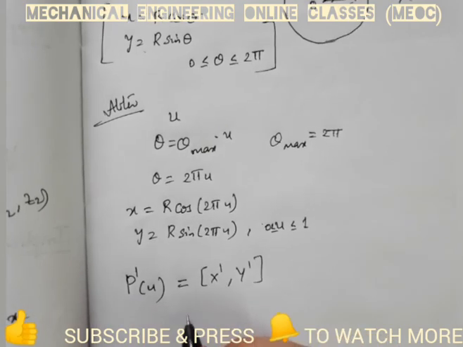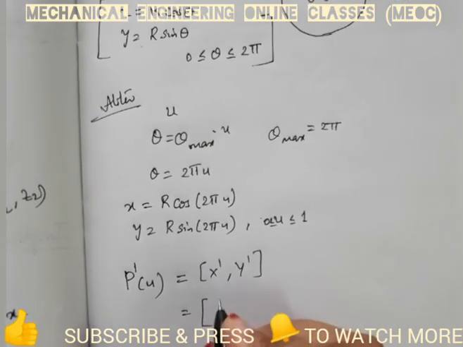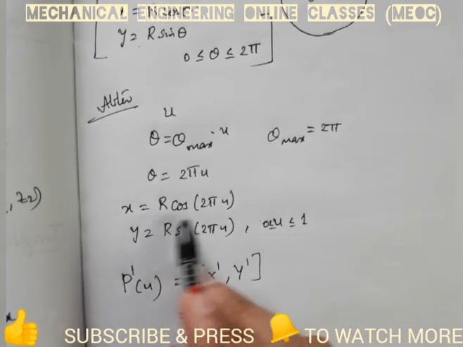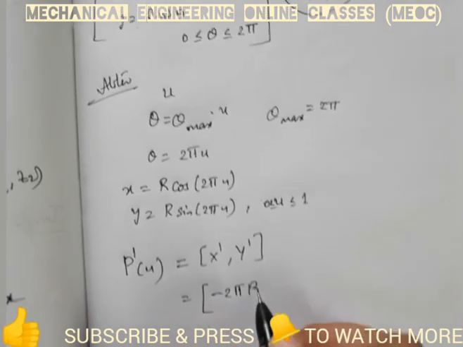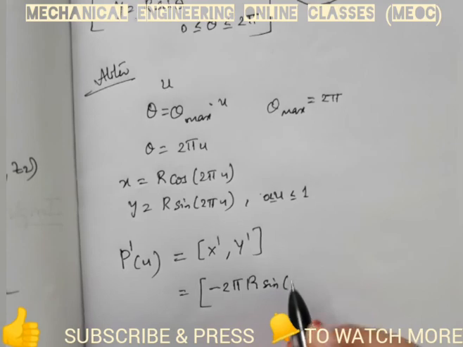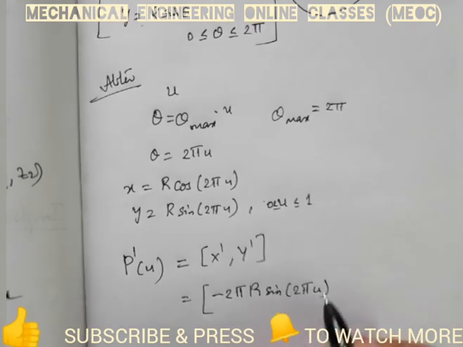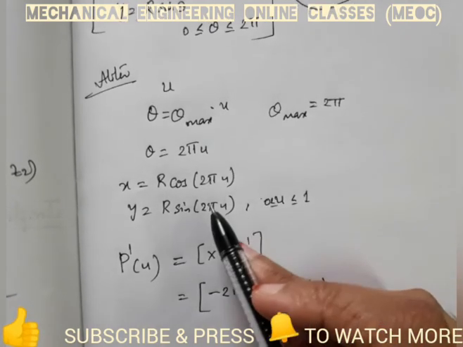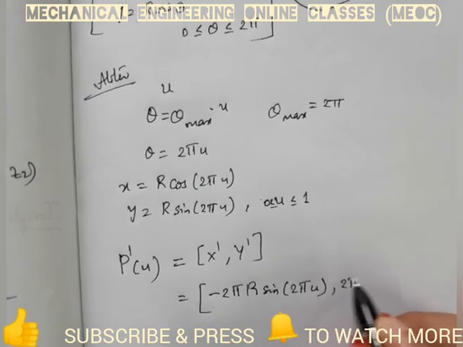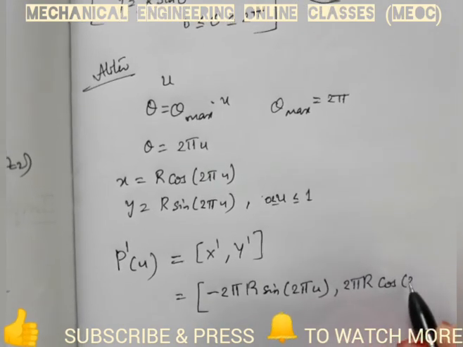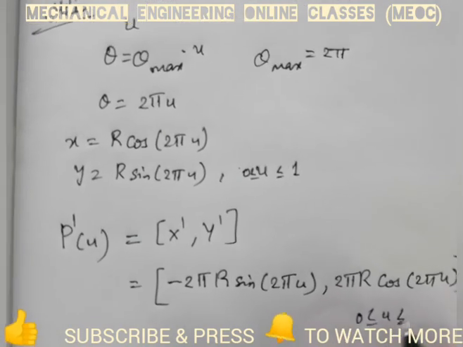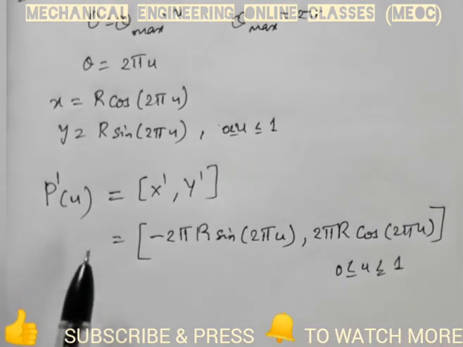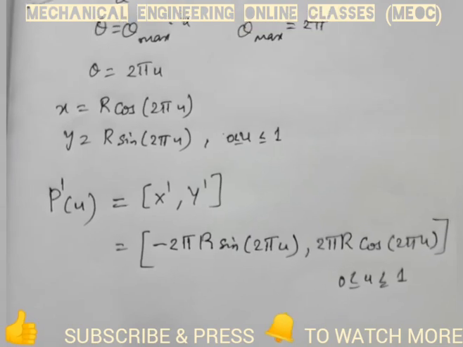Differentiating x and y, we get x dash as minus 2 pi r sine of 2 pi u, comma, y dash will be 2 pi r cos of 2 pi u, where u is again between 0 and 1. So this is the tangent vector for the circle.